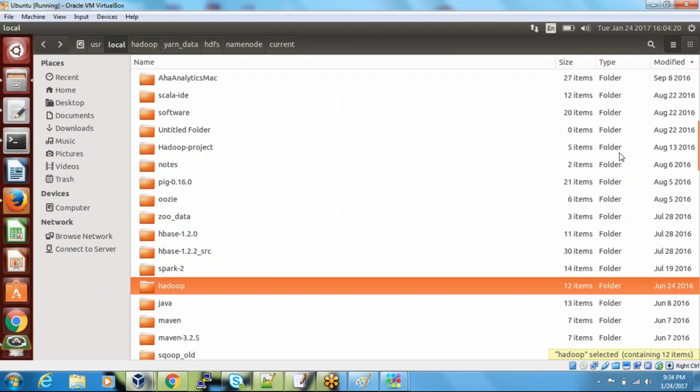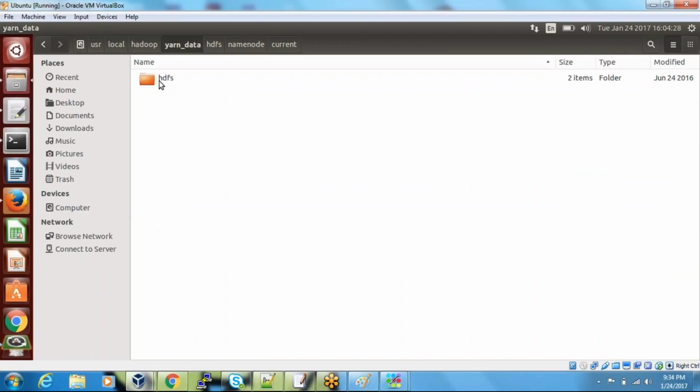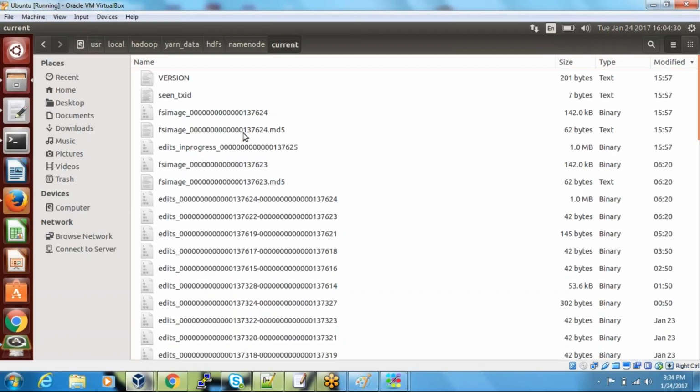Ravi, we could see that there were more than one FS image, but if you put a file in HDFS, there should be only one FS image, and that will be modified. This is based on the transaction IDs. To understand that, we need to go further.